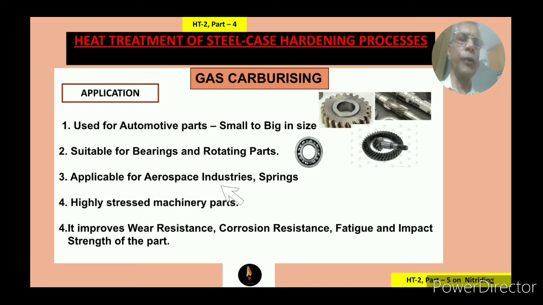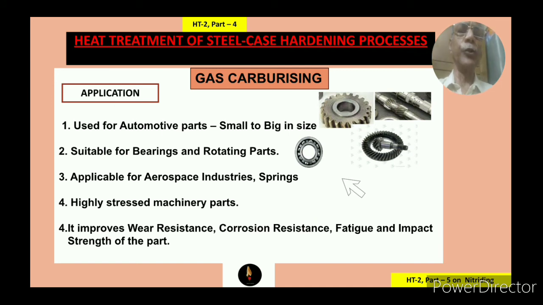It is also applicable for aerospace industries and springs. Highly stressed parts can also be gas carburized very easily. The last one is that it improves wear resistance, corrosion resistance, fatigue resistance, and impact strength of the part. This is a common feature for all carburized parts. So all these properties increase when you go for gas carburizing.